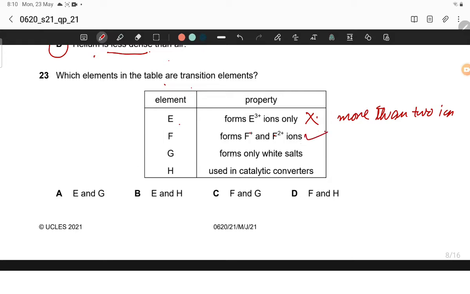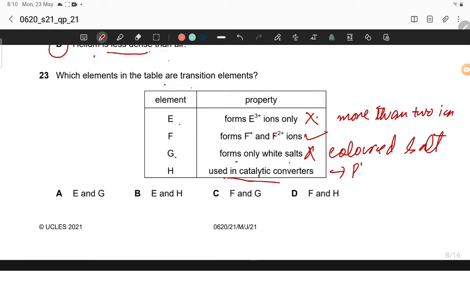Yes, this can be correct because more than 2 ions are formed. G forms only white salts, not colored salts. H is used as a catalyst. Yes, this is used in the catalytic converter.